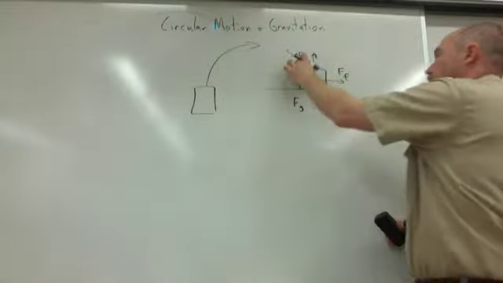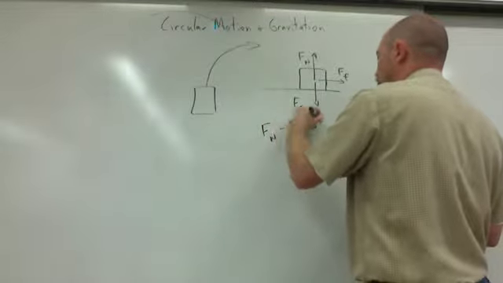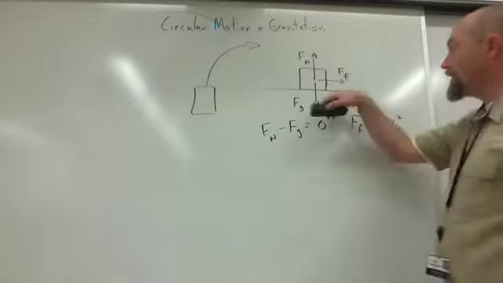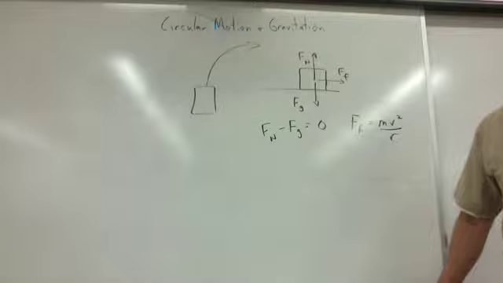If you write your equation, Fn minus Fg equals 0, and then you would have Ff equals mv squared over r, and it is turning to the right. And you can plug stuff in and solve.